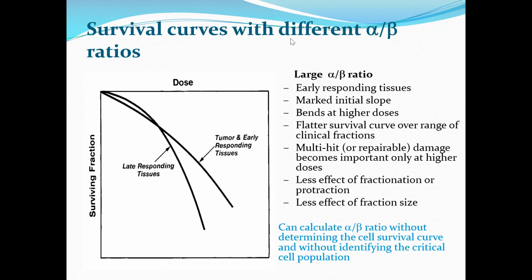Remember what I had said, tumor and early responding tissues have higher alpha by beta and late responding tissues have low alpha by beta.